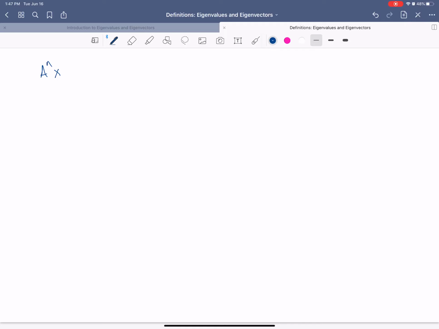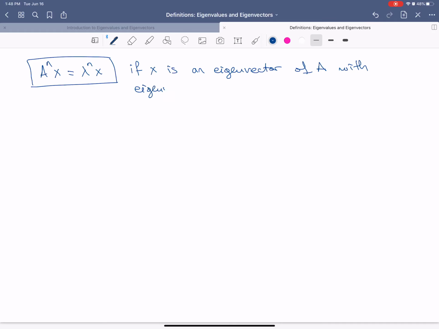This is under the assumption that x is an eigenvector of A with eigenvalue lambda. Then what we have is lambda to the n times x.